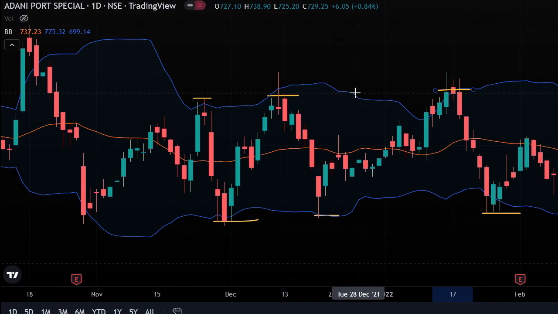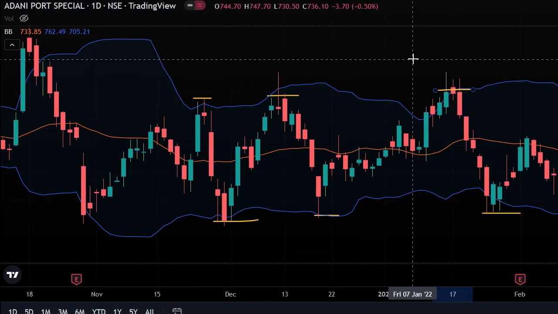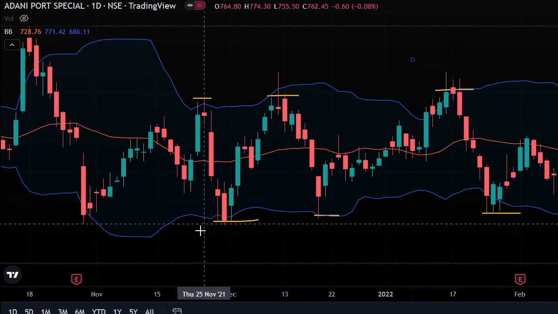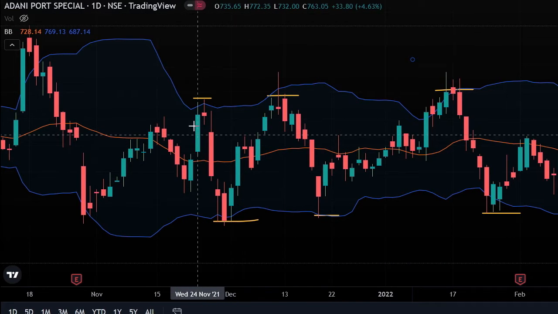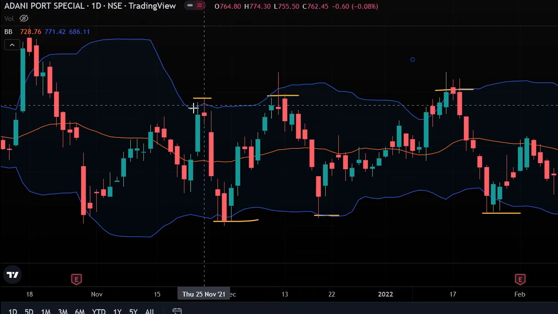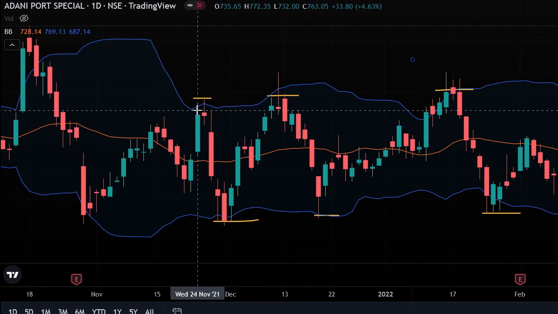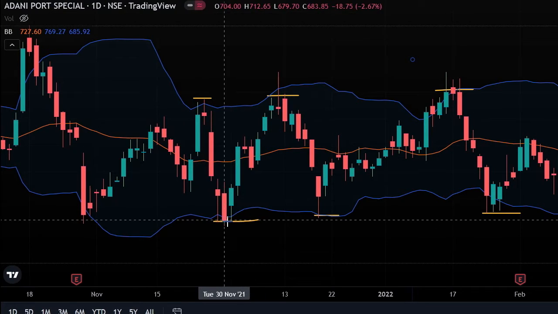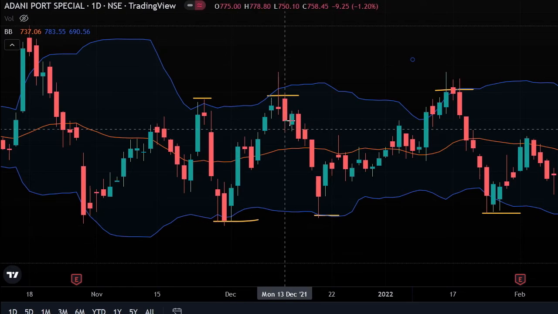But it doesn't happen all the time. We must also confirm with other price action and candlestick patterns. So if we check here, we can see that we are getting a spinning top at the upper band, and we are getting a hammer at the lower band.